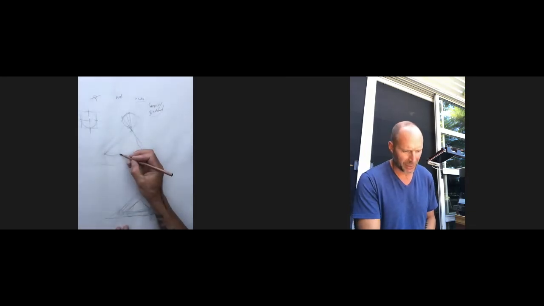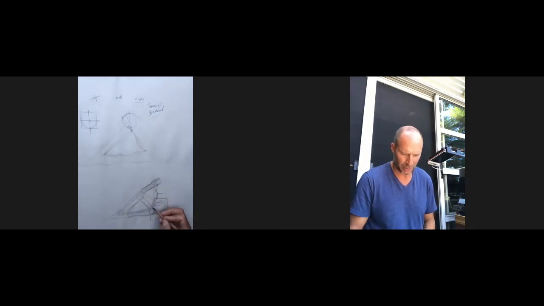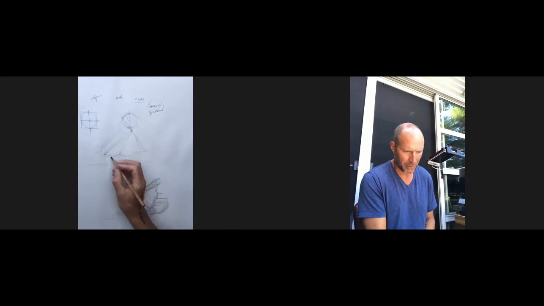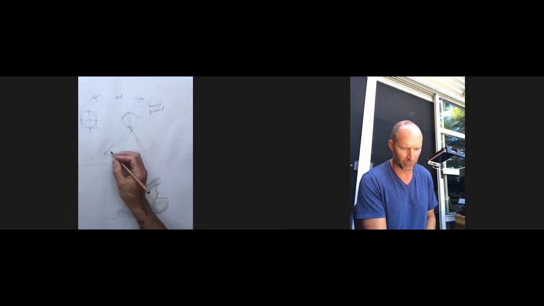So if I want to find this point here, I can do the exact same thing as if I was doing this, except now you're doing it from this specific point to that specific point, and also from there to there. What that essentially does is it breaks this overall space up into something a little bit more manageable.